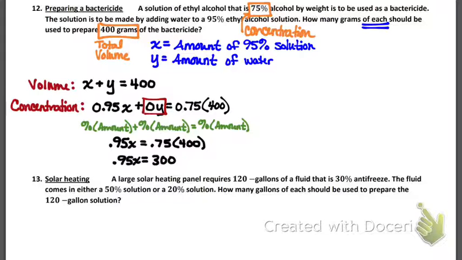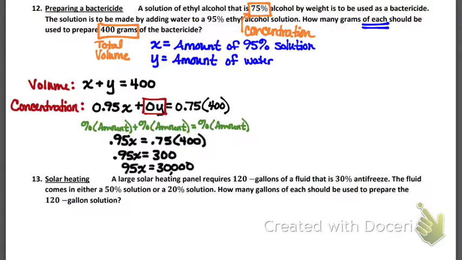I'm going to have to do some dividing here, and you guys don't get calculators on the test tomorrow. So I'm going to go ahead and multiply both sides by 100 so that I don't have to work with decimals at all here. You don't have to do that. If you want to do decimal division off to the side, you're welcome to. I tend to find it easier to work with whole numbers when I'm doing division rather than decimal amounts.